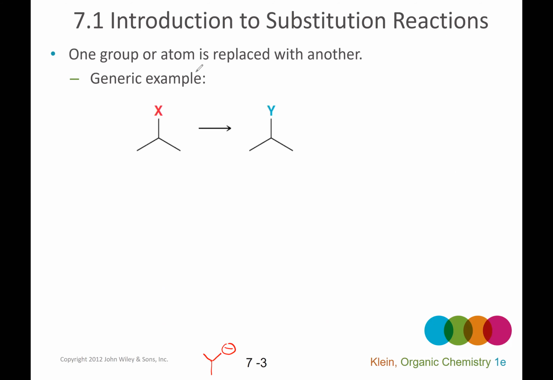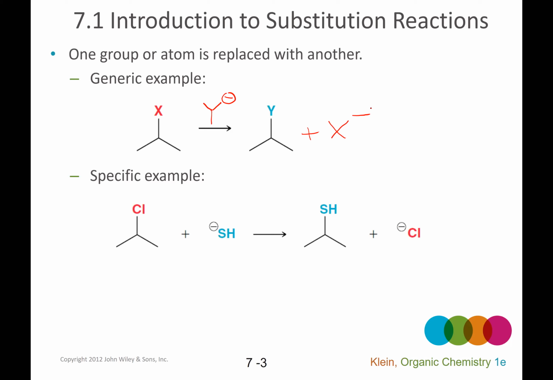So here's a reaction again, substitution. Generic example where Y minus, a nucleophile, replaces X. And here's a specific example. Let's label the nucleophile and electrophile. So the sulfur has lone pairs, so it's going to donate its electrons.